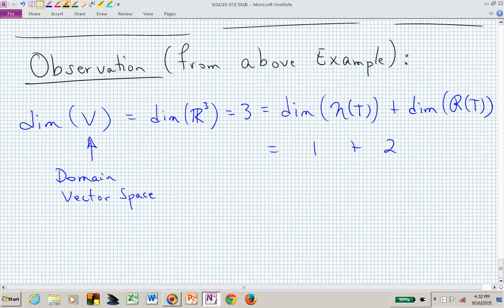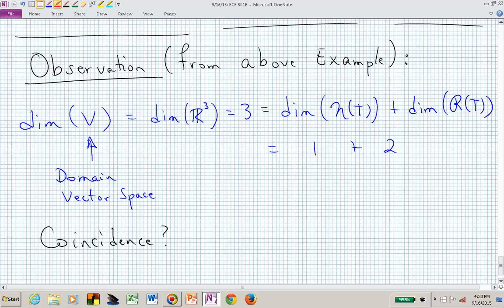Is that a coincidence? Is that just because of the example that I picked? Here, any answer is correct. You may not know at this point, but that seems kind of coincidental.